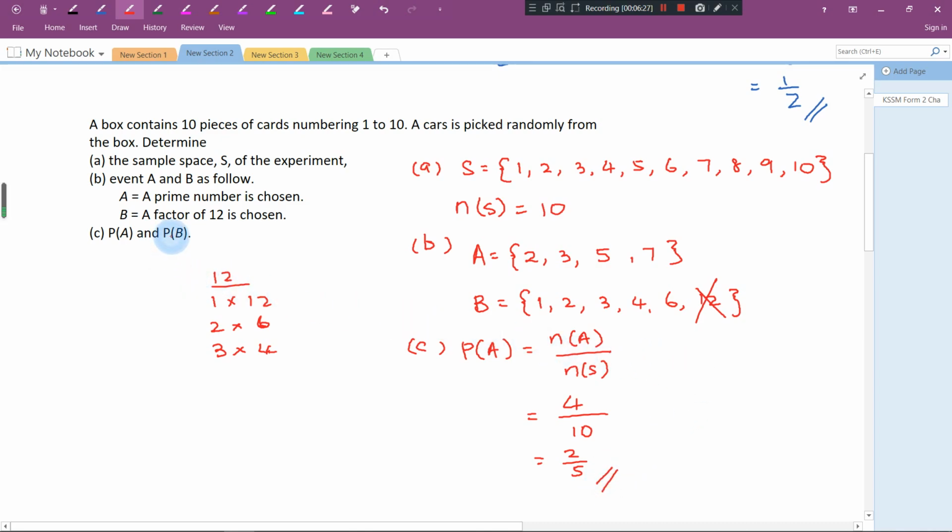How about P(B), the probability for event B to happen? n(B) over n(S). For n(B), we look at set B: 1, 2, 3, 4, 5. We have 5 elements here. n(S) is equal to 10. So the final answer is 1 over 2.